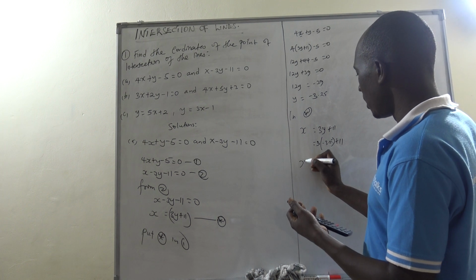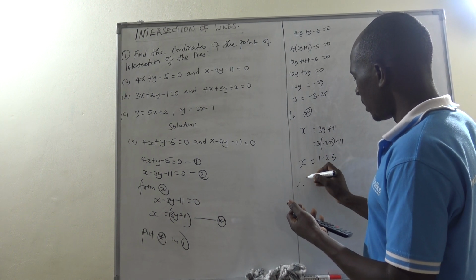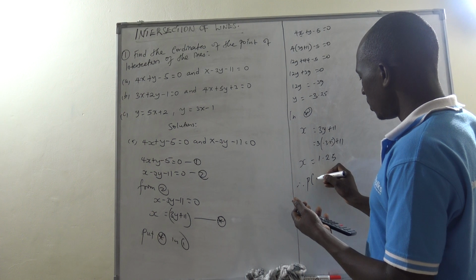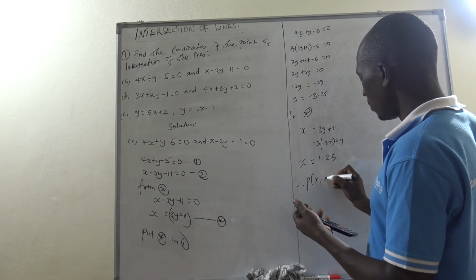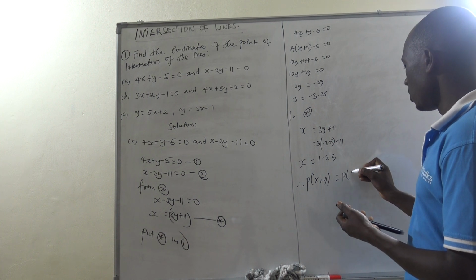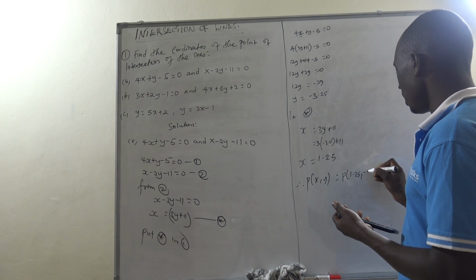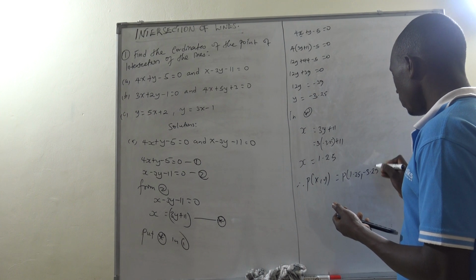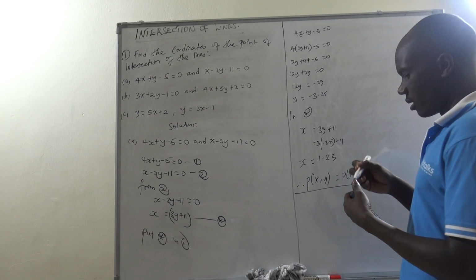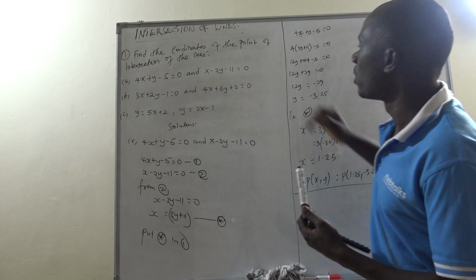So we are having x as 1.25. Therefore, we write x and y, the point of intersection is (1.25, negative 3.25). So this one is the point of intersection between these two lines.